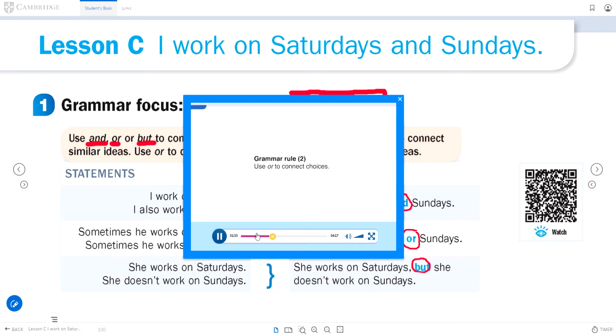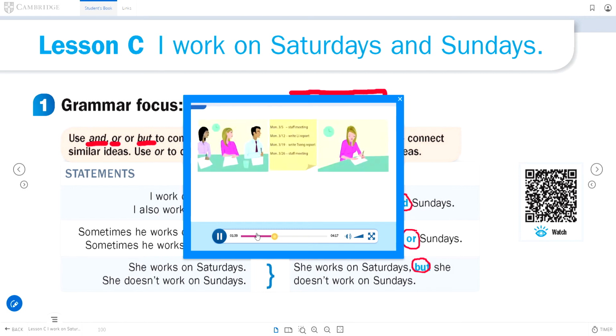Grammar Rule 2. Use or to connect choices. Sometimes she goes to meetings on Mondays. Sometimes she writes reports on Mondays. She goes to meetings or writes reports on Mondays.